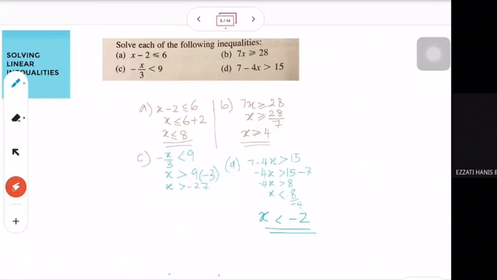Teacher, I want to do B. A, siapa nama? Maisarah A. Okay, cikgu dah ada 3 orang. Seorang lagi untuk D. Saya D, teacher. Okay, teruskan Zulaikha.